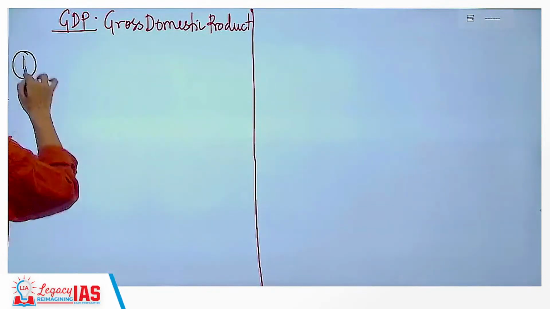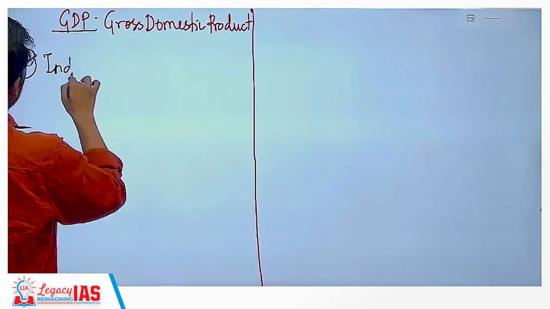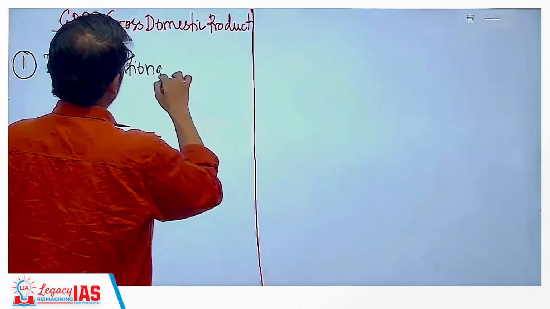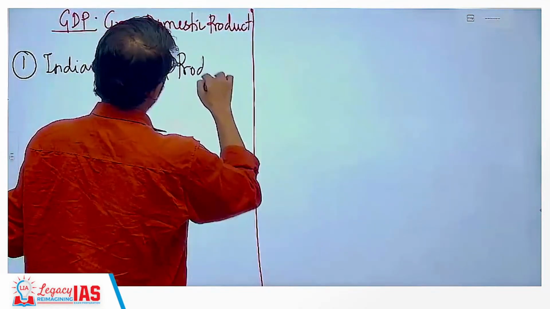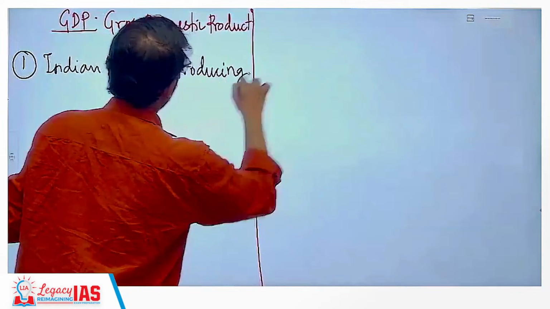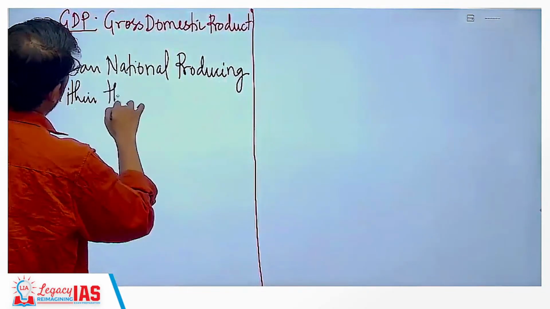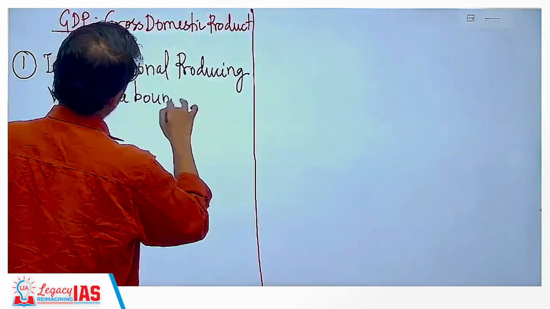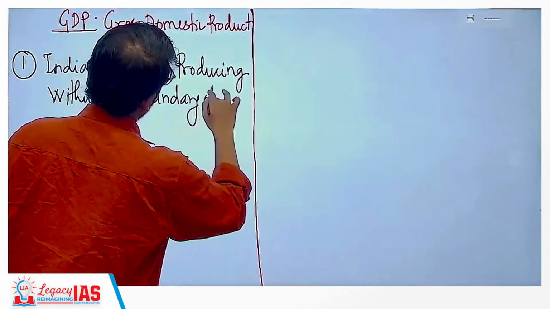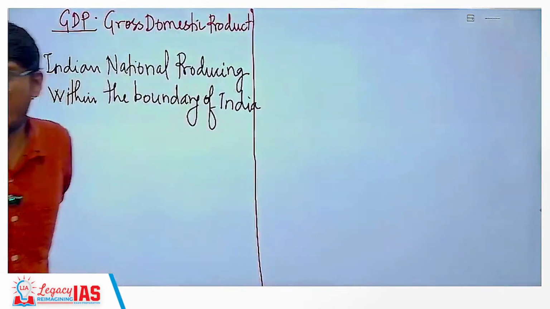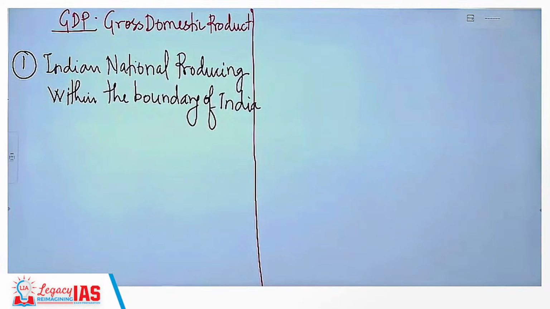The first component is Indian national producing within the boundary of India. Correct? Or there can be a foreigner producing within the boundary of India.